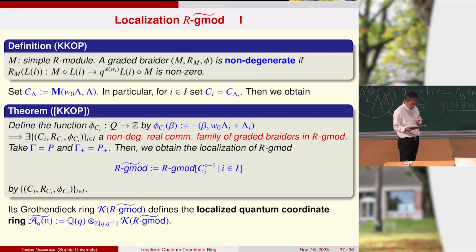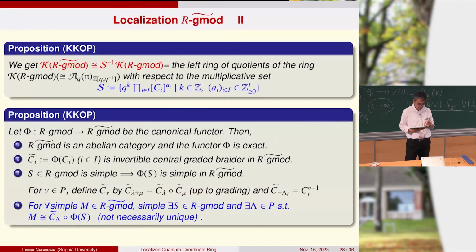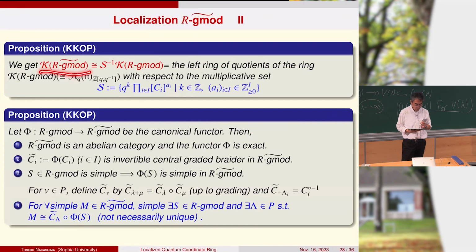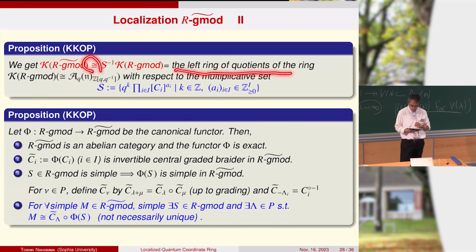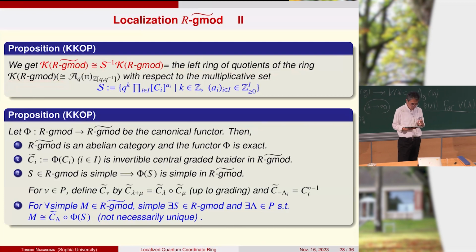Okay. Then the Grothendieck ring of this category defines a localized quantum coordinate ring, AQN tilde. Indeed, its structure is simply like this. We get this one is isomorphic to the so-called left ring of quotients of the ring K RG mod, with respect to the multiplicative set.